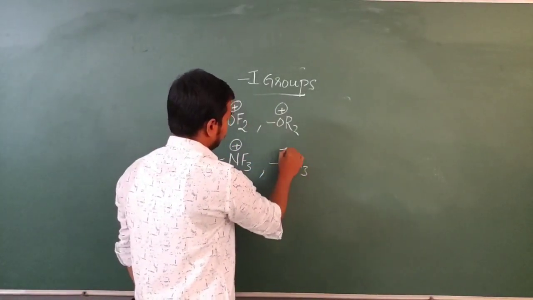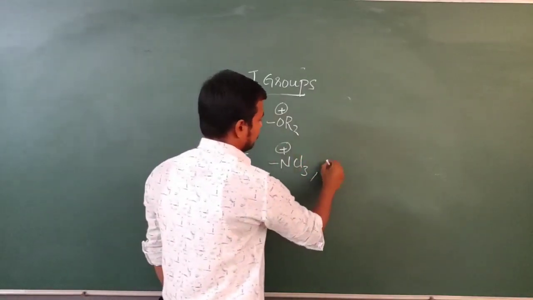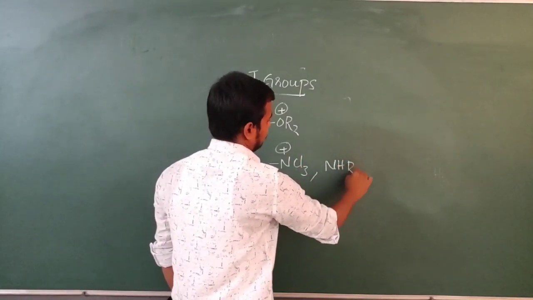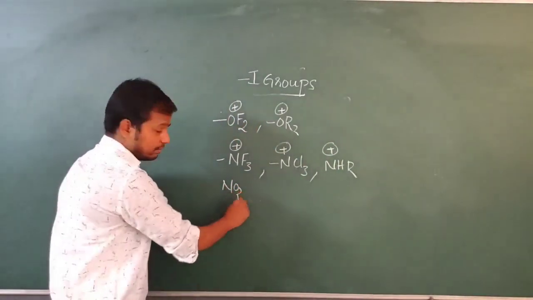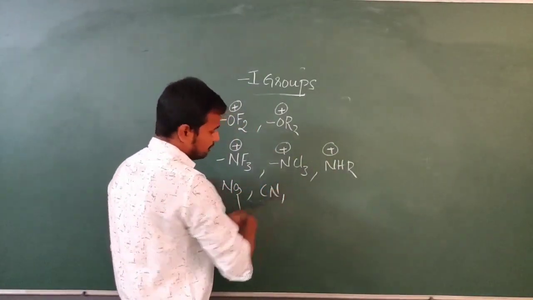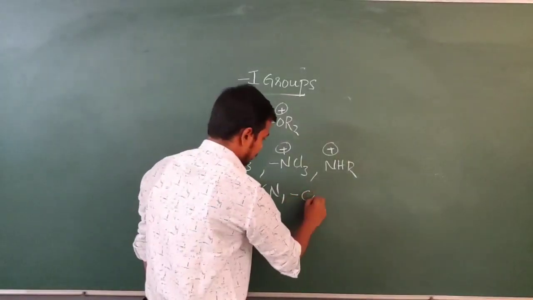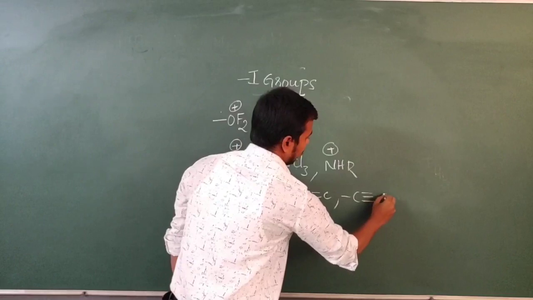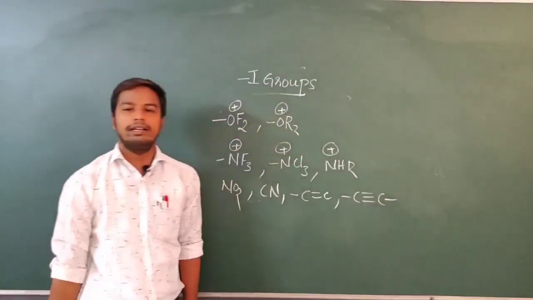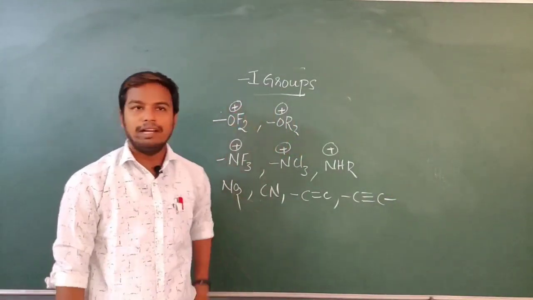Next NCl3 plus, next amine NHR plus. Next we can move towards the nitro group, cyano group, and sometimes alkene and sometimes alkyne. These are all minus I groups.